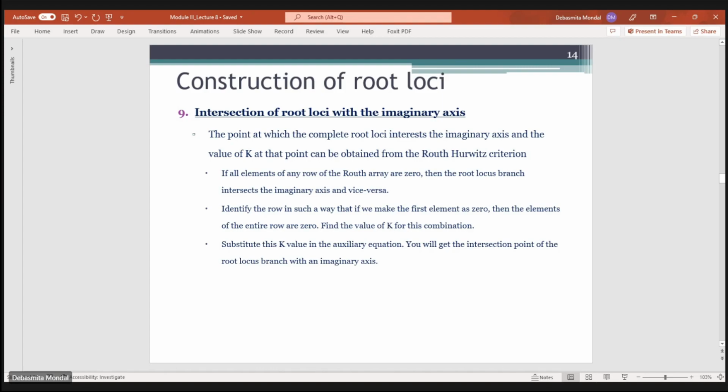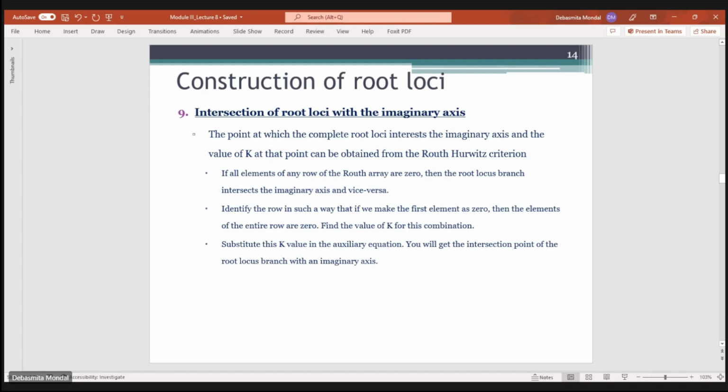So in order to find out the point of intersection and the corresponding value of k, we have to form the Routh array. We have to identify the row in such a way that if we make the first element zero, then the entire row becomes equal to 0. Since we have an unknown variable k, some of the elements in the Routh array will be in terms of k.